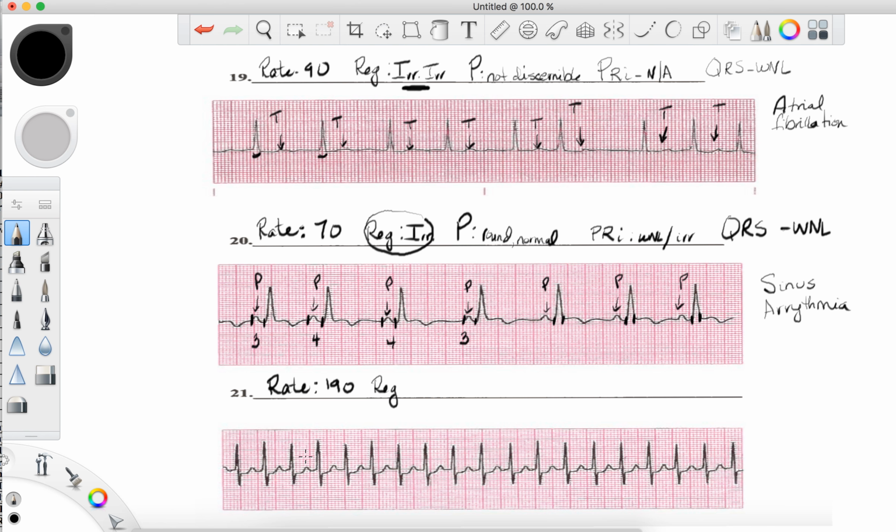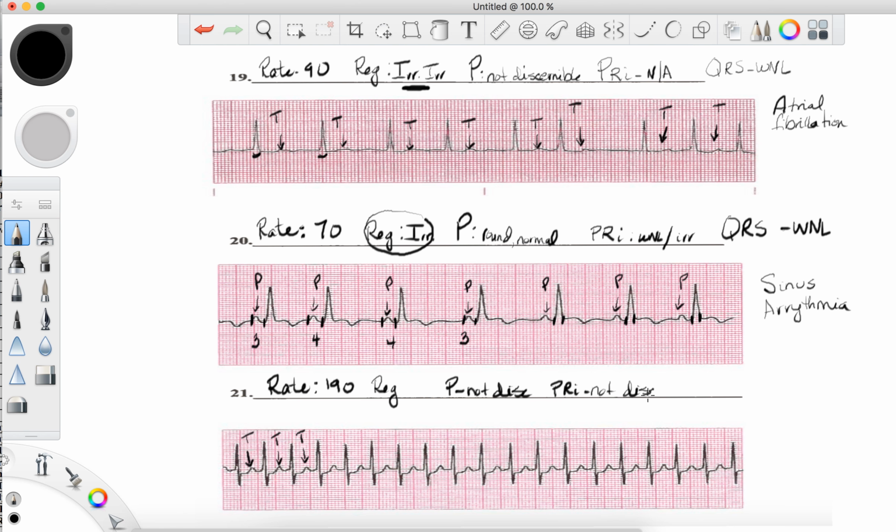Okay, so if you're thinking this is a P wave, it is not. It's a T wave. These are T's. And it's very likely that our P waves are just going to be buried in our QRS. So P's not discernible. PR interval, therefore, is also not discernible.